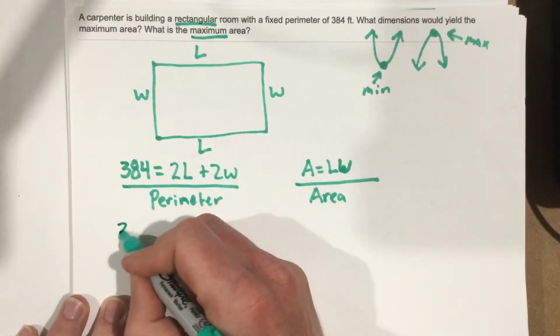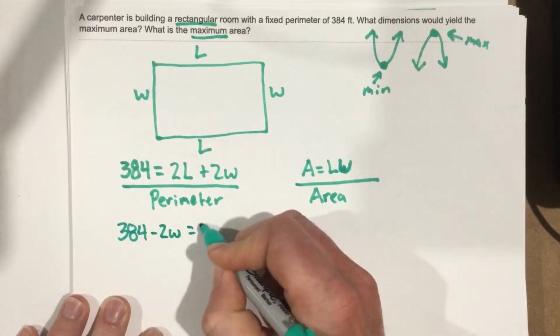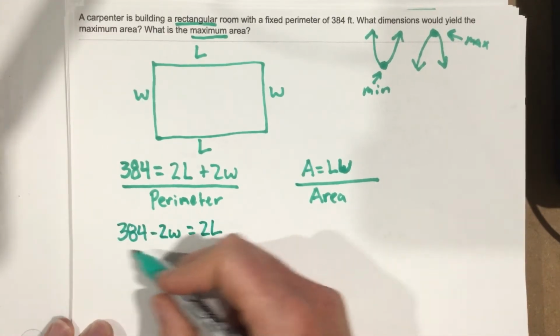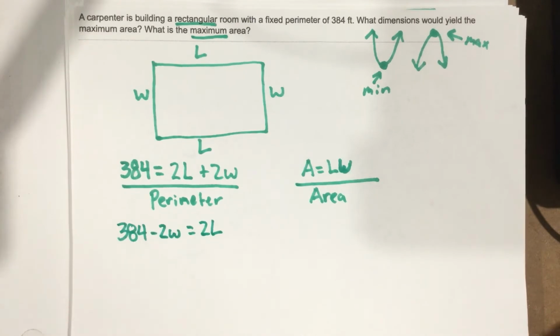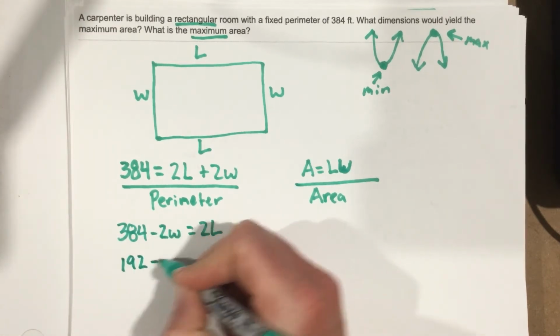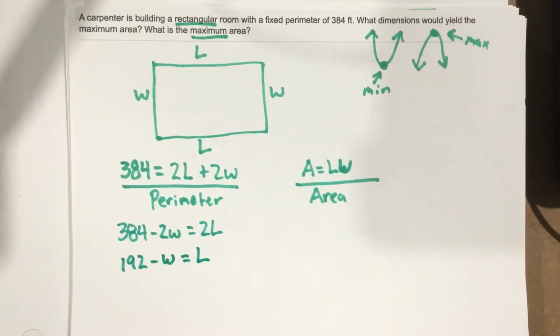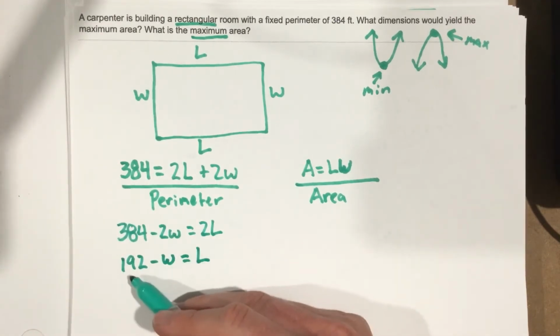Subtract 2W over, you get 384 minus 2W equals 2L. Divide by 2. 384 divided by 2, 192. So we get 192 minus W equals L.